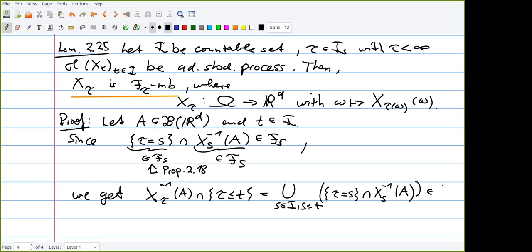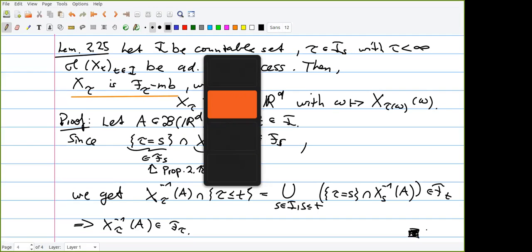And then by the arguments before, this is in F_t. And here again, we use the countability of the set I. Right? So with this proof, it's rather crucial that we have this. So that means the set A is in F_tau. All right. So if I consider the process stopped at time tau, so the random variable X_tau, it's measurable with respect to the filtration of the tau past. Okay.